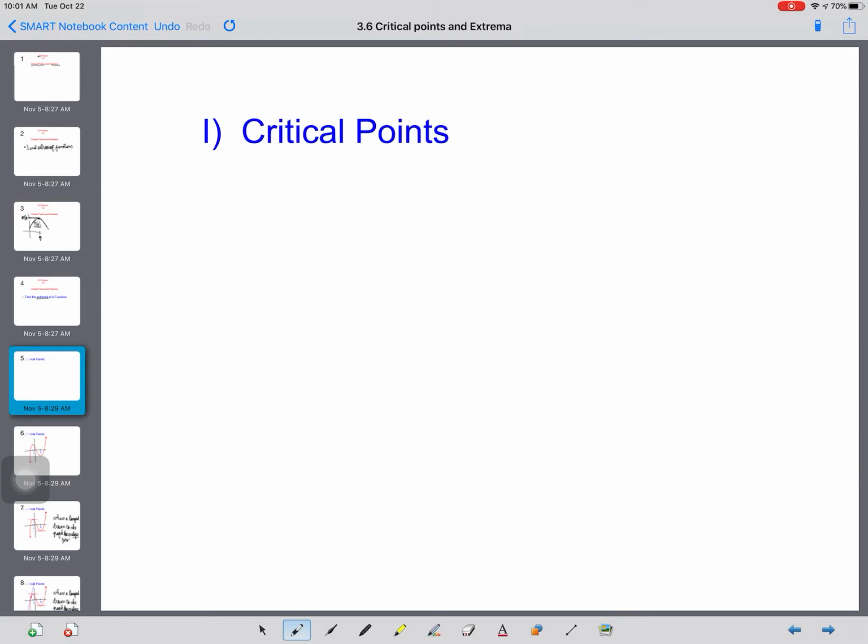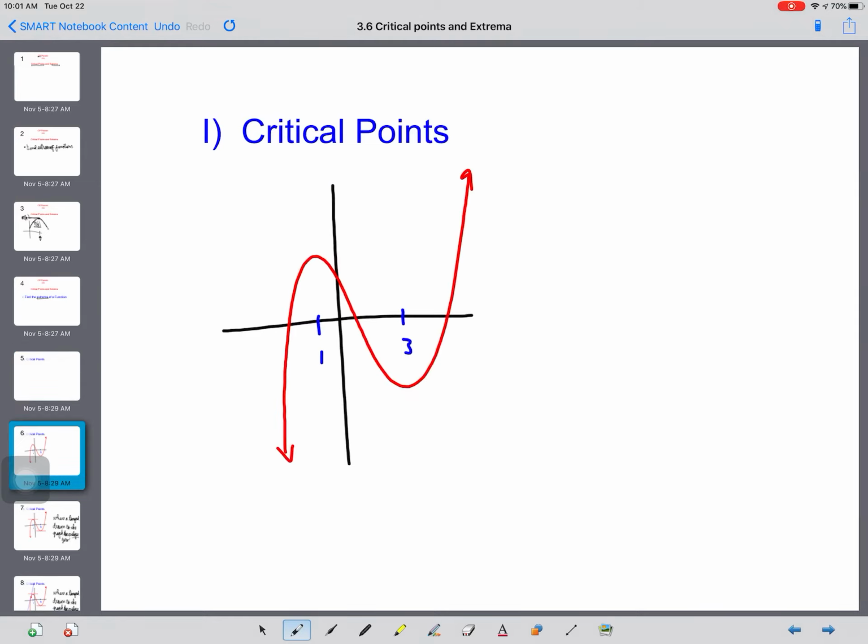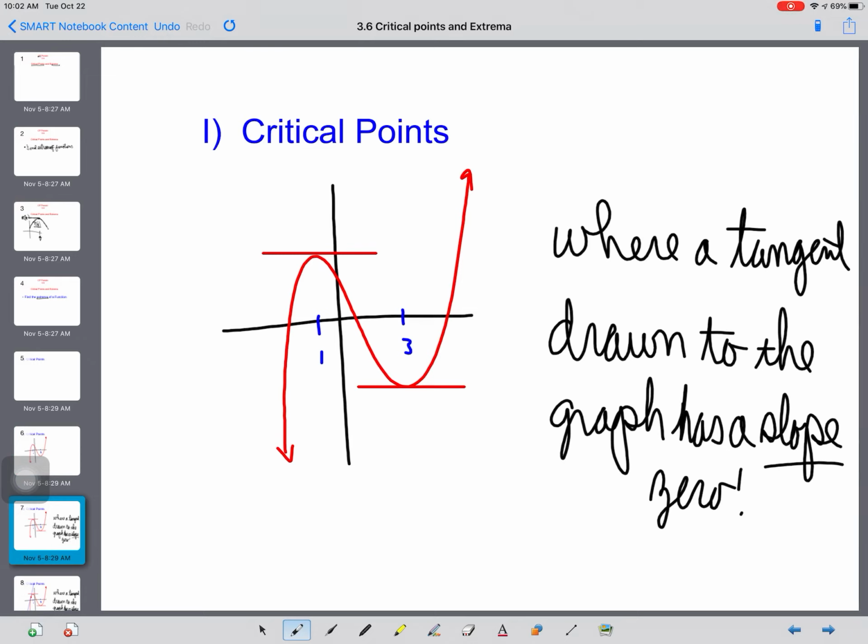So, critical point, number one. What's a critical point? Well, in calculus, if I have some function, a critical point is the place where a tangent line, when drawn, would have a slope of 0, or in other words, be horizontal. So you can see as this graph goes up and then turns and then comes back down, at that point up there, there's a horizontal tangent.